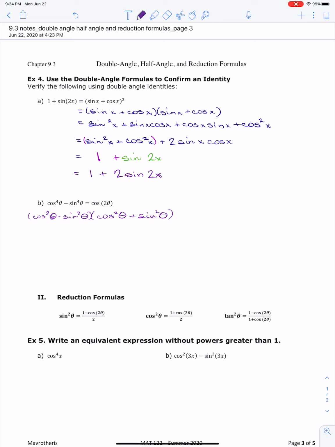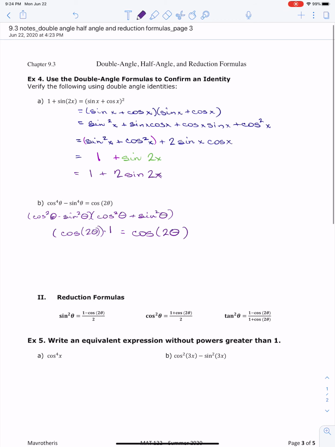This second set of parentheses is 1. The first set of parentheses, cosine squared theta minus sine squared theta, that was our very first version of cosine 2 theta. So this one's done. A whole lot easier than it looked.